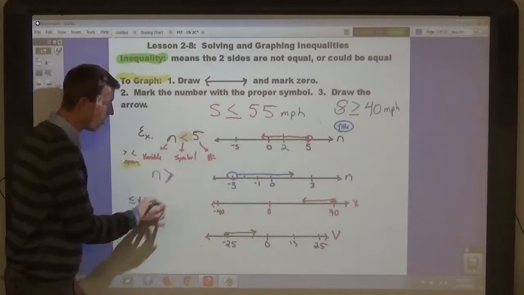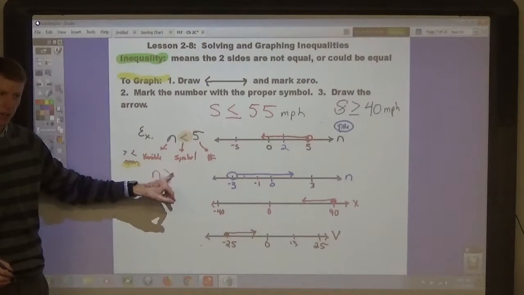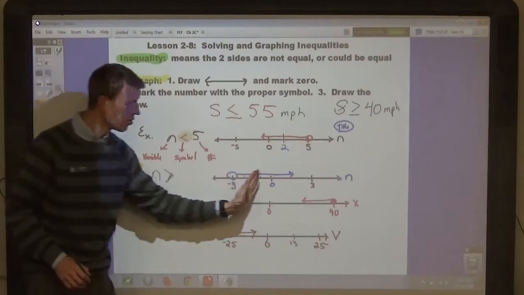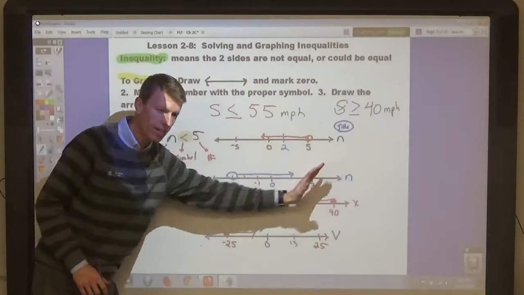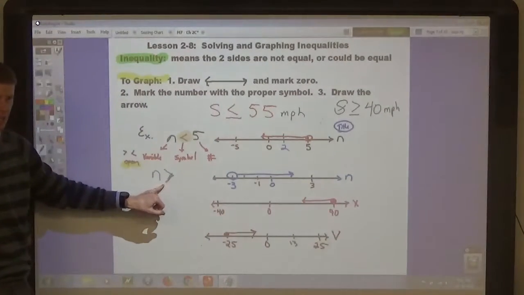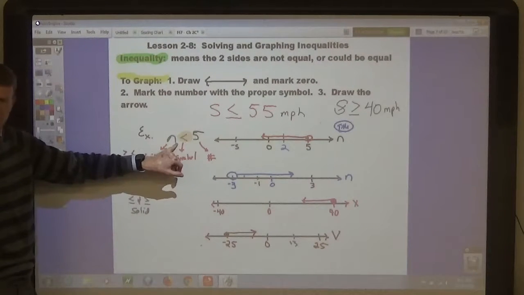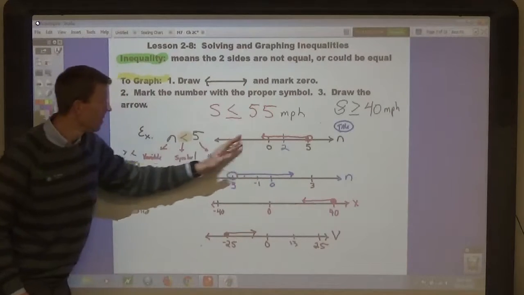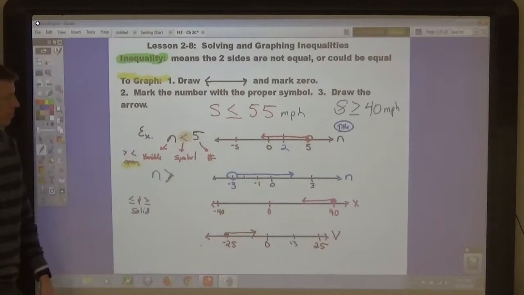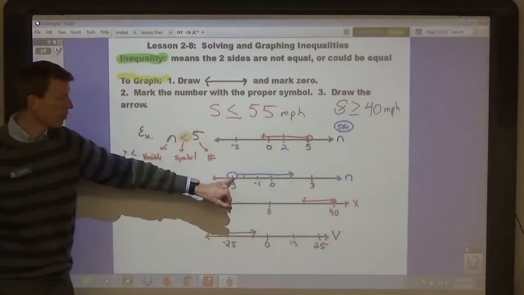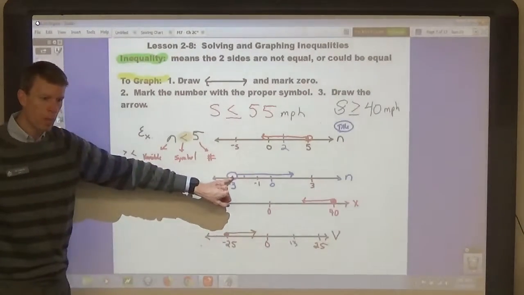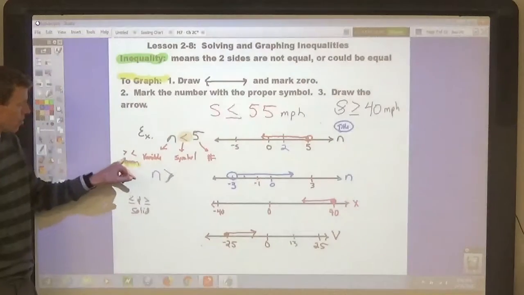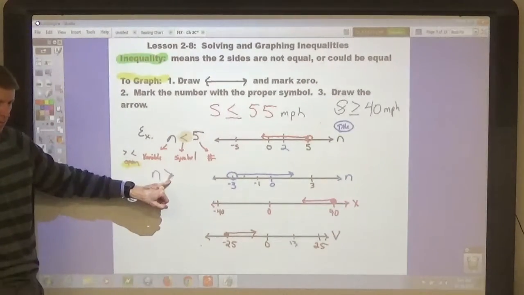When you're writing your symbol then, you point your arrow the same direction as the shading is going. So if the shading is going to the right, then you use the greater than sign. When the shading is going to the left, then you use the less than sign. Now, you also need to look at the dot. And if the dot is an open dot, then you use just the greater than sign.